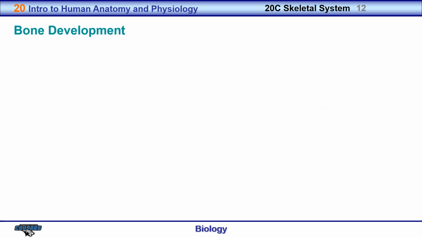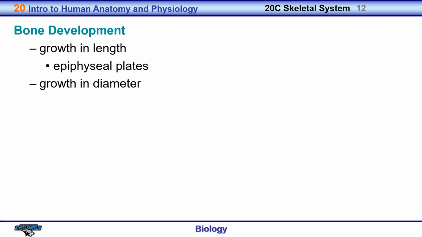So the bone's going to go through stages as it develops. First of all, the bone's going to grow in length, and it does that at the epiphyseal plate, as we saw in the previous slide where the cartilage is. The cartilage is going to be replaced by bone and make the epiphysis farther from the diaphysis.